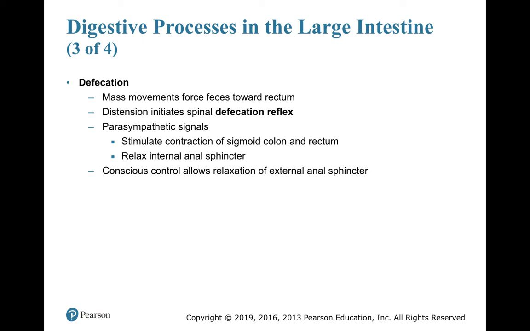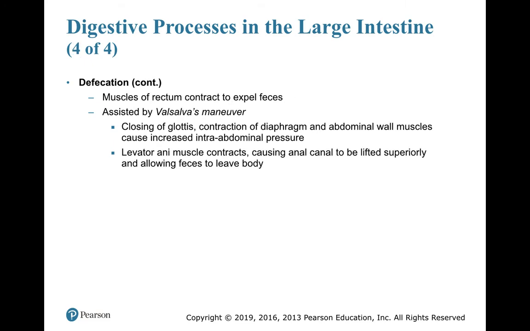Defecation is the mass movement that forces feces toward the rectum. Distension will initiate a spinal defecation reflex under parasympathetic signals to stimulate the contraction of the sigmoid colon and rectum. They will then relax the internal anal sphincter, and then conscious control will allow the relaxation of the external anal sphincter.